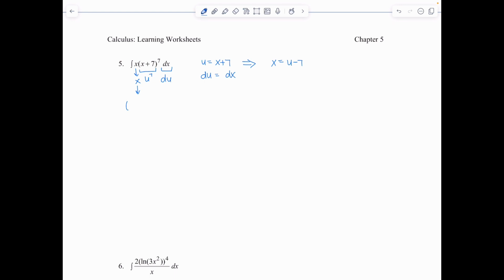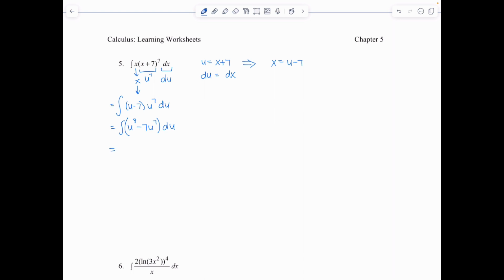So we have (u minus 7) u to the 7th du that we're looking at. And before we do anything, I'm going to distribute the u. So we have u to the 8th minus 7u to the 7th du.